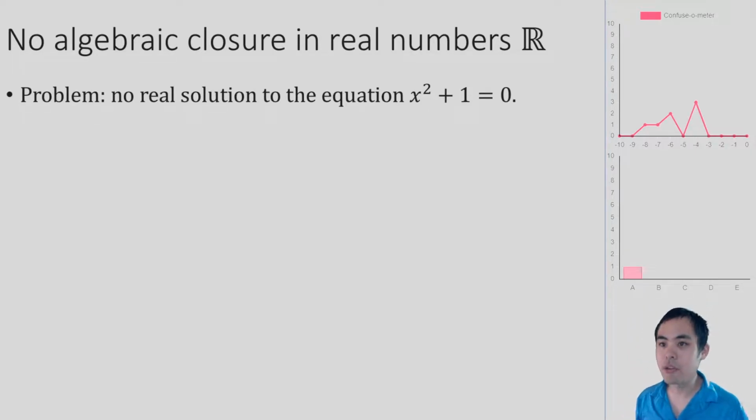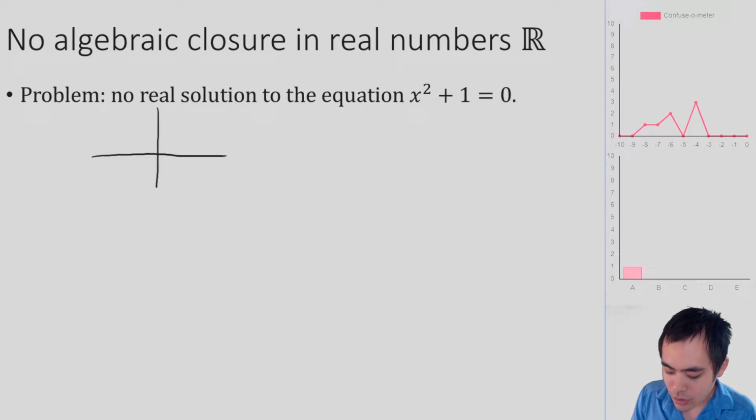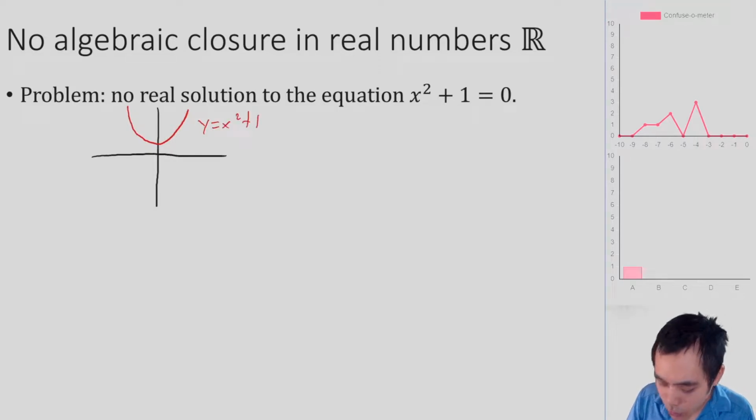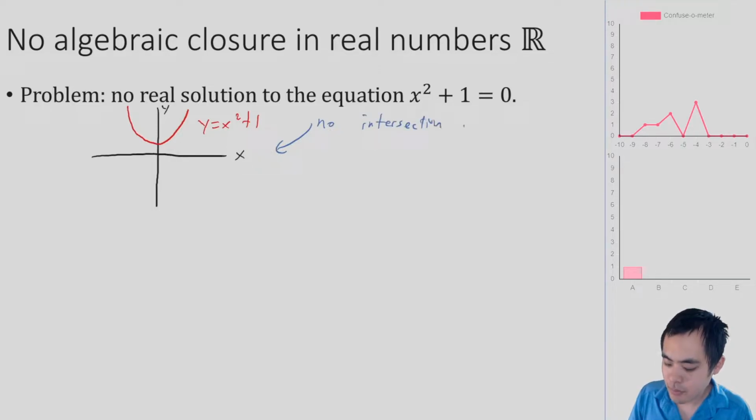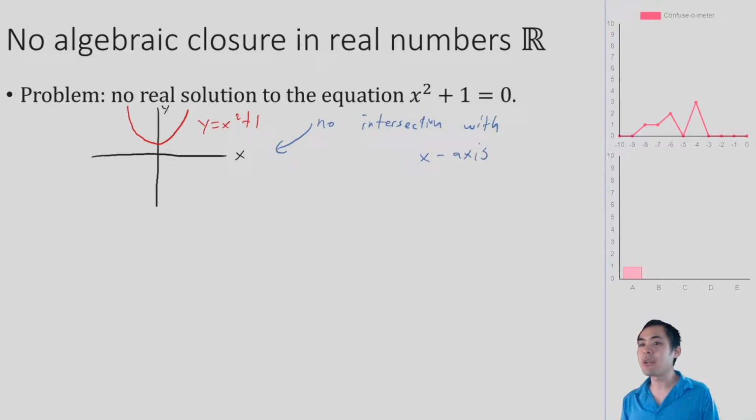So, for example, if we had x squared plus 1 is equal to 0, well, if you were to draw out the parabola for y is equal to x squared plus 1, let's say this is y and this is x, you'll notice that there is no intersection with the x-axis. So x squared plus 1 is never equal to 0 when you're working in the real numbers.